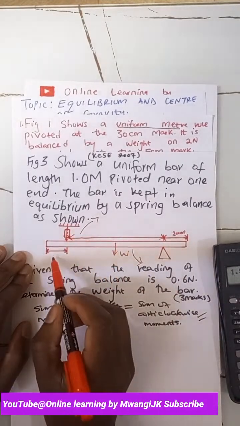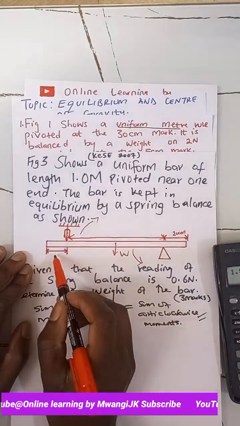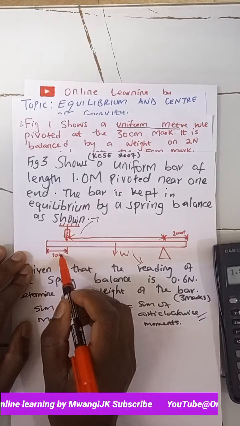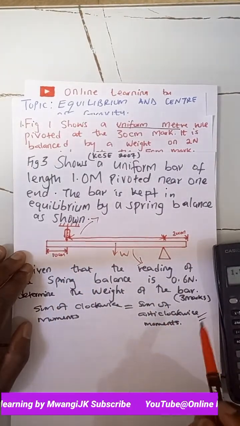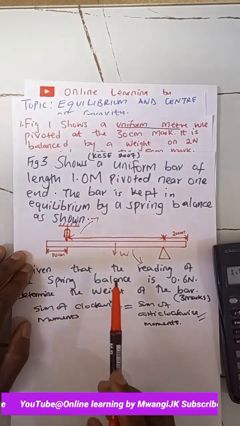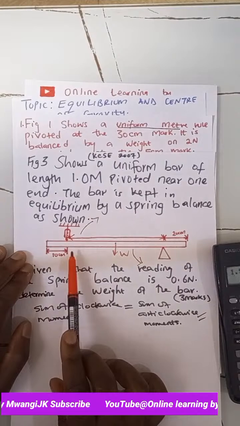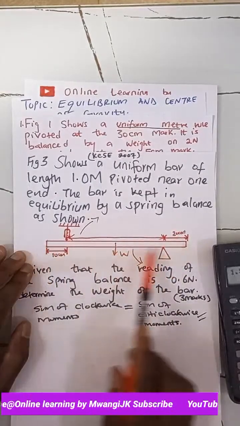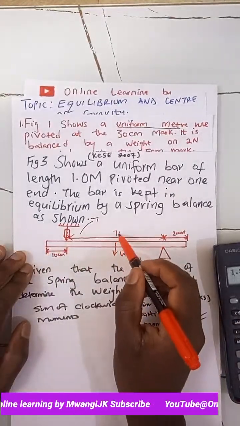Sorry, we forgot to indicate this was supposed to be 10 centimeters, not drawn to scale. We are talking of a meter rule, so that is 100 minus 30, making this 70.